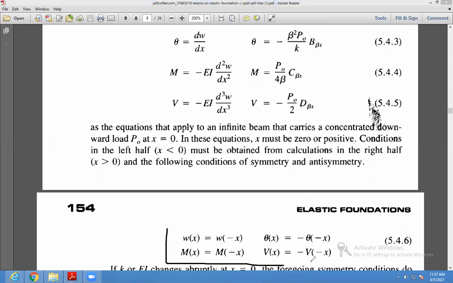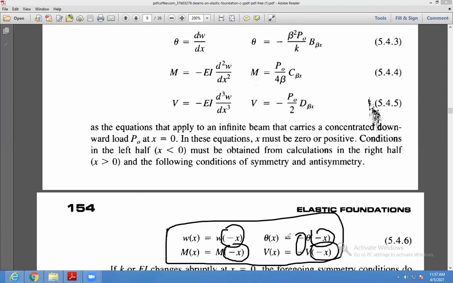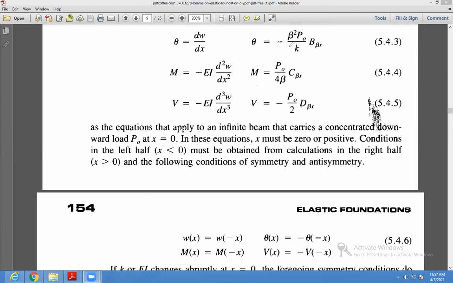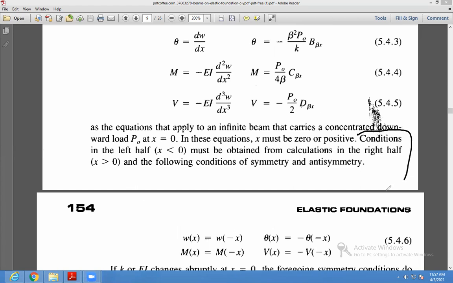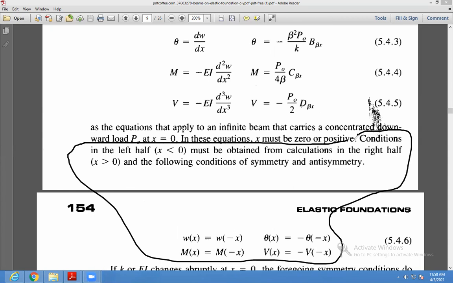As we discussed, for the left side we put the value of x as negative, and these signs remain as they are. Write this statement and this line, and below this equation, write the conditions in the left half.